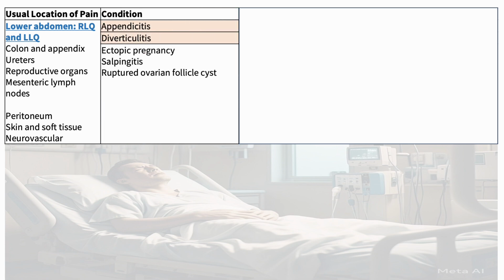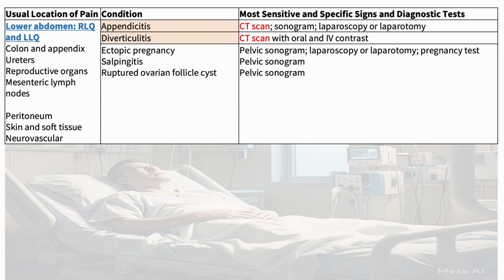Common diagnoses include, of course, appendicitis and diverticulitis. These are probably the two most common. And then less common but frequently encountered and important include ectopic pregnancy, ruptured ovarian follicle cyst, or other ovarian pathologies in general.